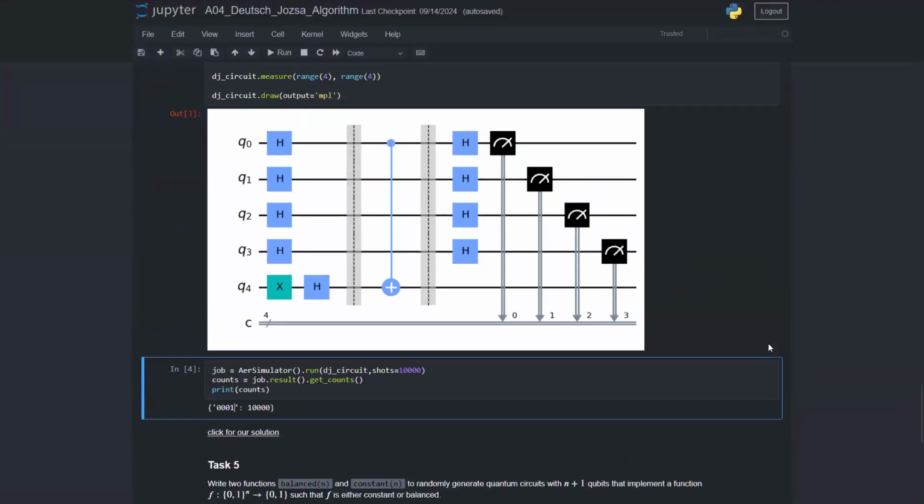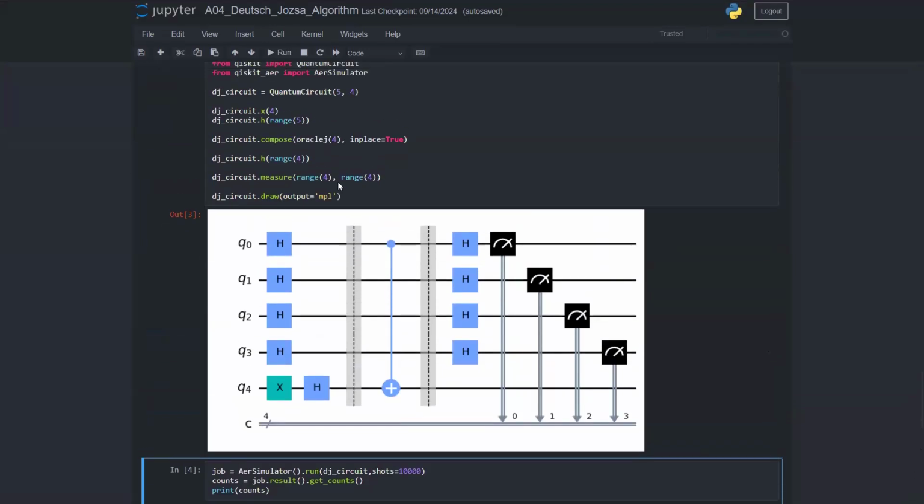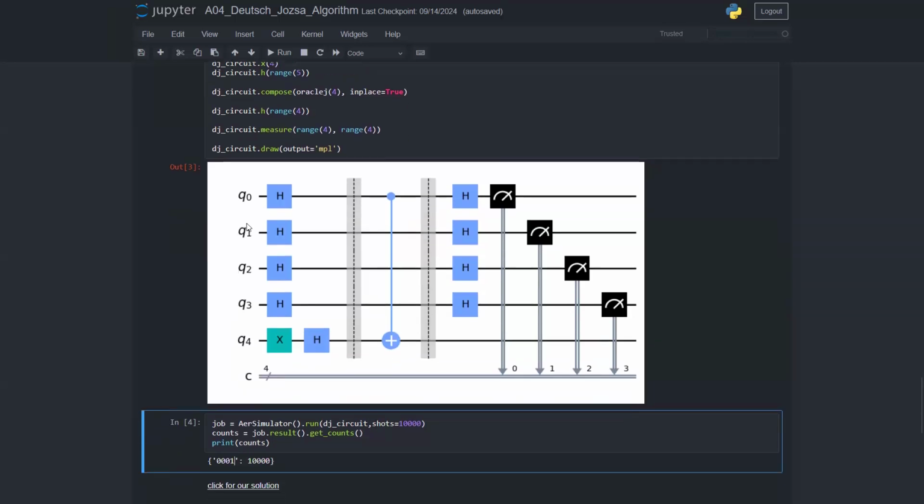Now we can come back to the question I asked before. What happens with this oracle? We're getting one CNOT where we have the control on qubit 0 and the target is the last qubit. Finally we get the output, which is just the 4 qubits.